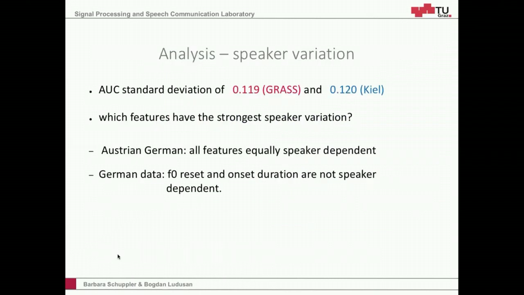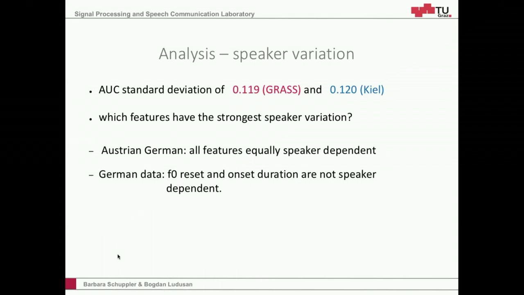Then we also looked into speaker variation. The area under the curve standard deviation in the Graz corpus and in the Kiel corpus are approximately the same. And we analyzed again with regression models which features have the strongest speaker variation.